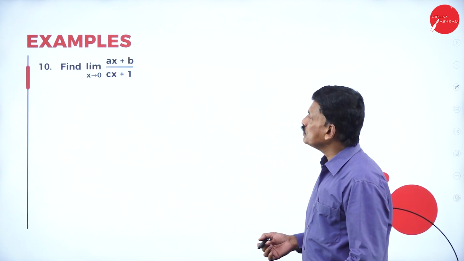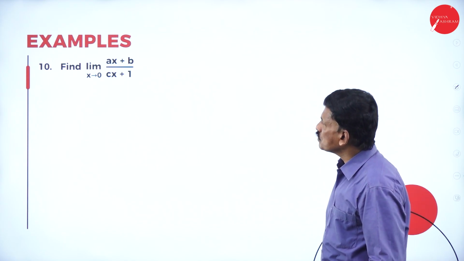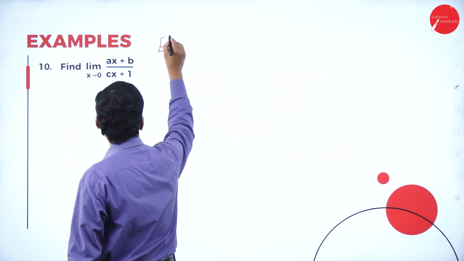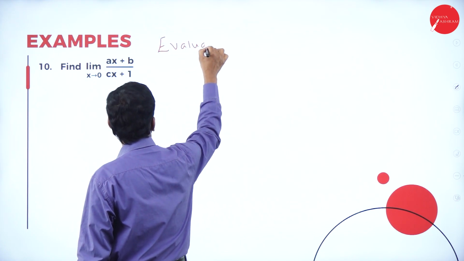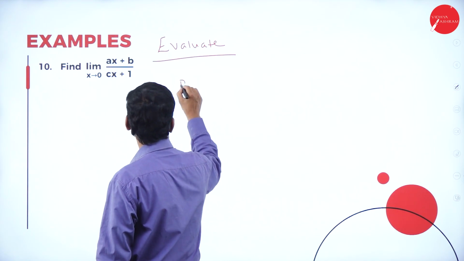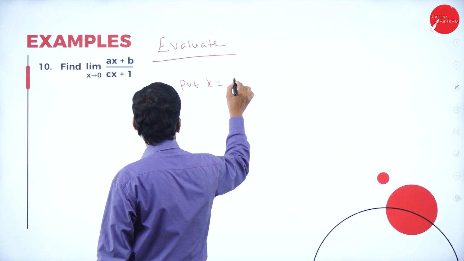What is the problem? Evaluate the limit x tends to 0 of (ax plus b) divided by (cx plus 1). Now, here also just put x equal to 0, that's all.